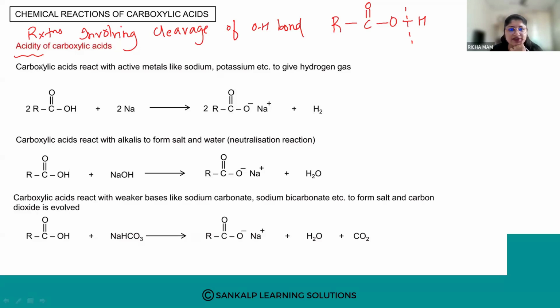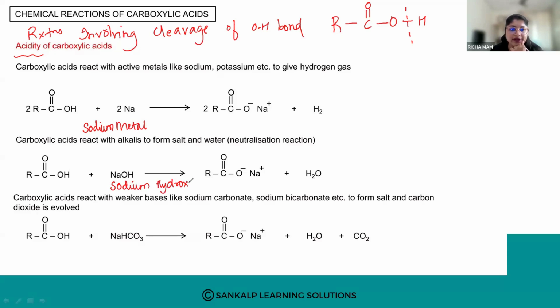Reaction with metals and metal alkalis. We are going to see how carboxylic acid reacts with a metal, sodium metal, and with an alkali, sodium hydroxide.